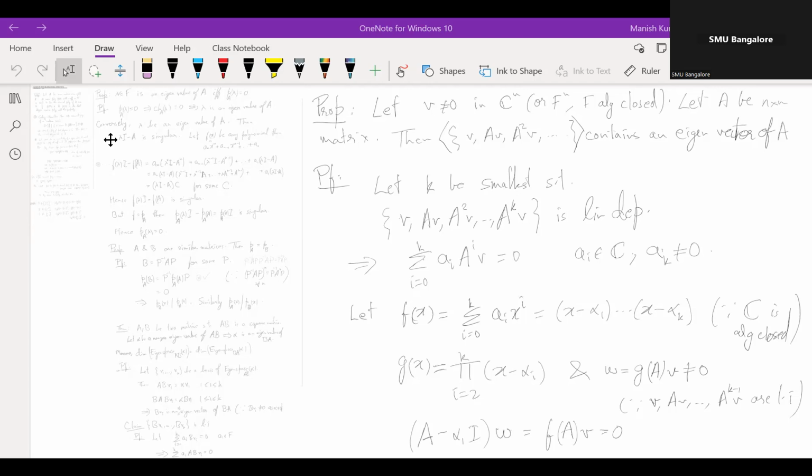And what can we say about a_k? a_k must be non-zero. Why should the last term be non-zero? What happens if a_k is 0? What will you get?